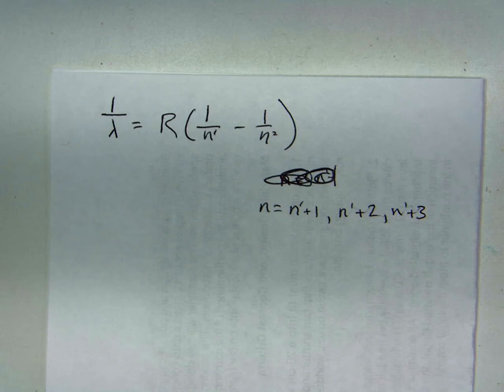Basically, whatever our starting point was, being able to go up one energy level higher. And I think I've kind of written this a little bit wrong. Where did it go?